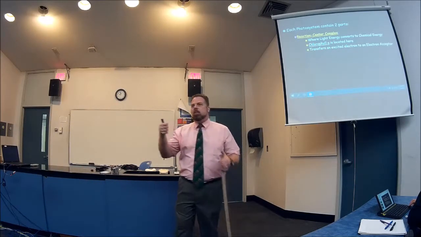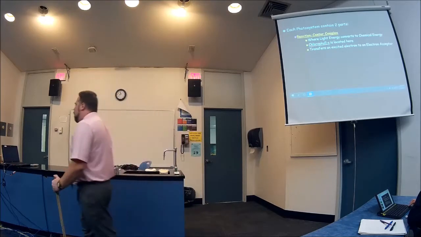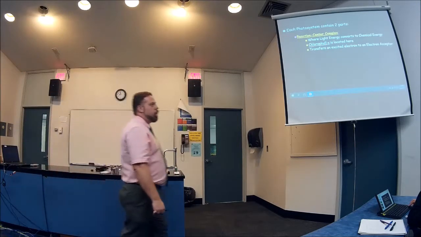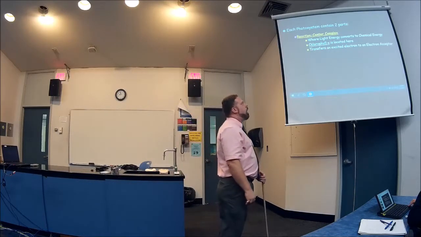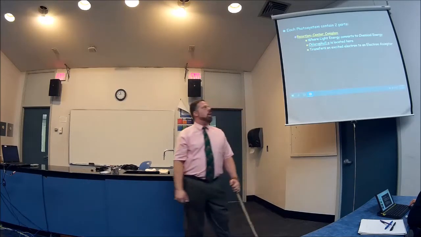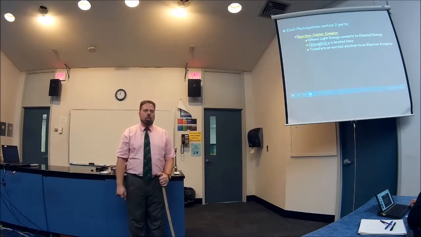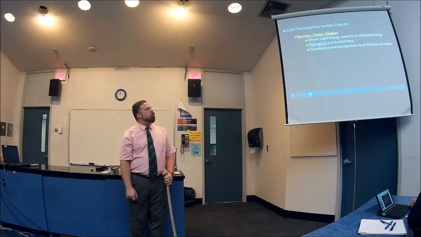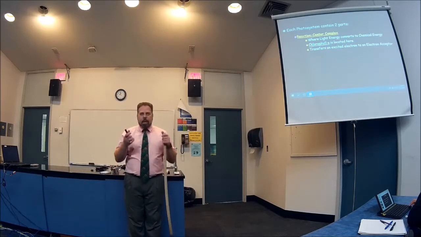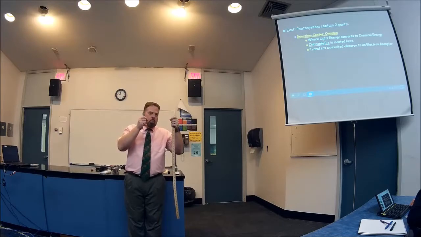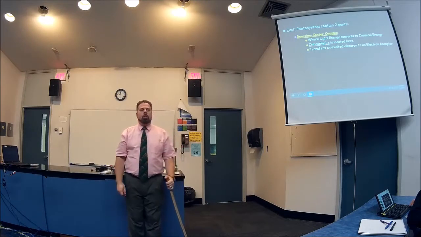Okay, but the light needs to be funneled into this reaction center. So the chlorophyll is here, that's the one that's going to absorb the light, okay, and it should transfer an excited electron to an electron acceptor. Alright? So the reaction center is where the actual conversion of light energy into chemical energy happens.